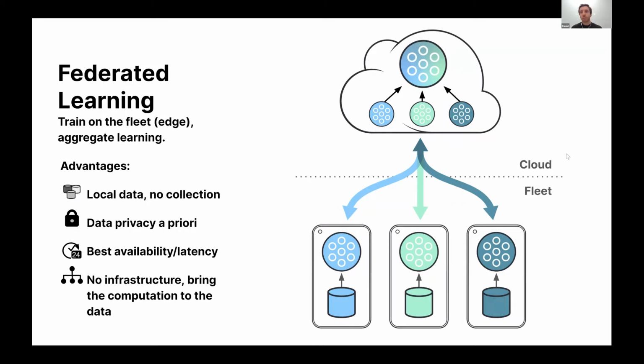So what federated learning does is it starts with a randomly initialized model, like most machine learning approaches, and then it sends this model to a bunch of devices. All of these devices train and refine the model on their local data sets. And then they send the updated model to the cloud. And in the cloud, we combine all of these models into a new global model.